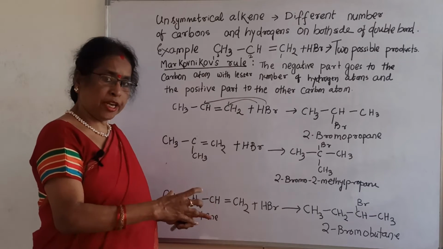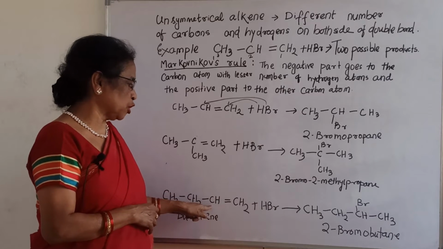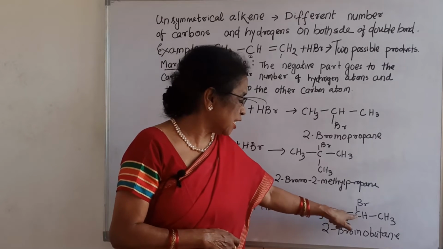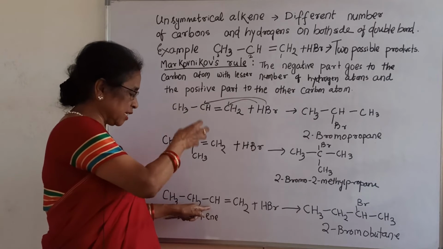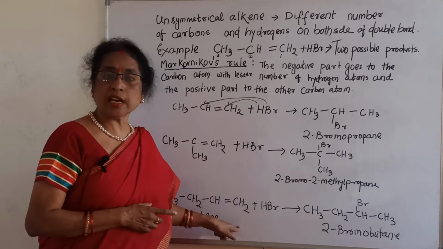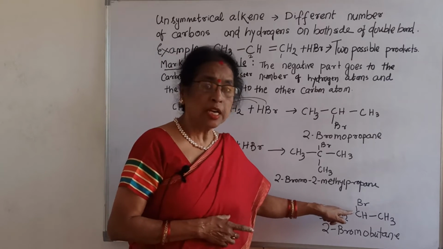So the bromine comes to the carbon at position 2. So the result is CH3, CH2, CHBr, because Br is added to the CH, and in the carbon at position 1 hydrogen is attached. So the structure is CH3, CH2, CHBr, CH3.